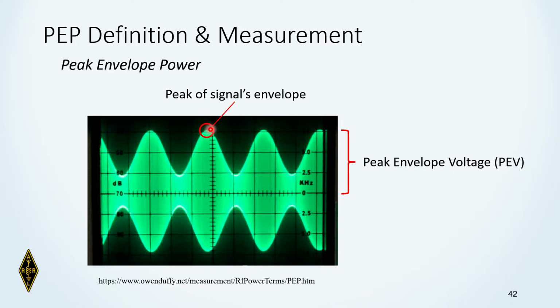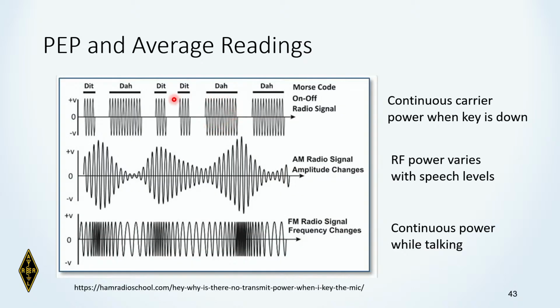Now let's consider the case of a CW signal, or an FM signal for that matter. With CW here we've got a da da da da. That's nothing actually, but it's Morse code. With a key down, you've got the full output power. Now here's speech. In this case, they're showing it as an AM radio signal, but single sideband looks very similar.